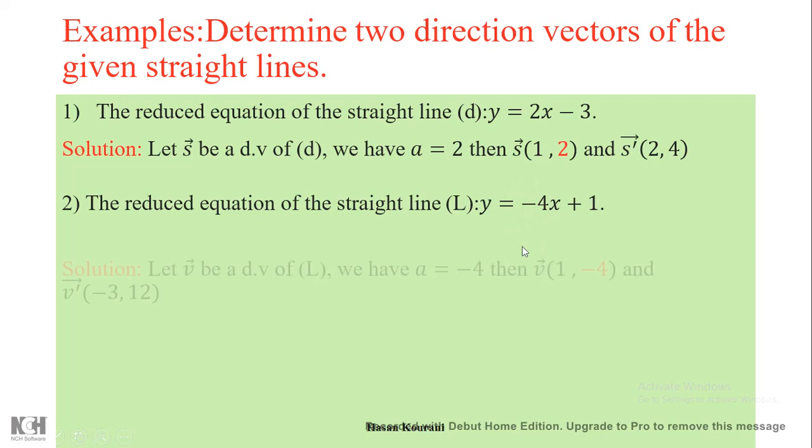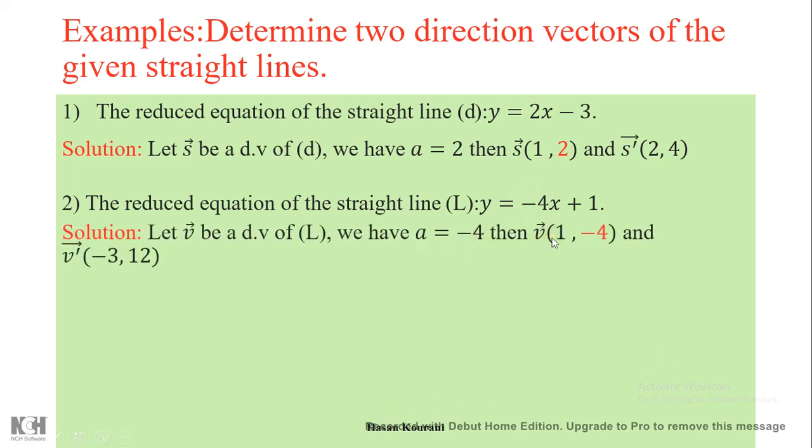Here a is -4, so if we let v be a direction vector, then v is (1, -4). In the same way as before, we can find as many direction vectors as we want by multiplying v. Here I multiplied it by -3. We get -3 times 1, which is -3, and -3 times -4, which is 12. So this is another direction vector for L.